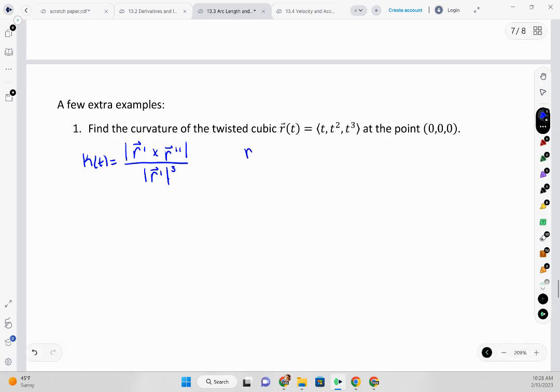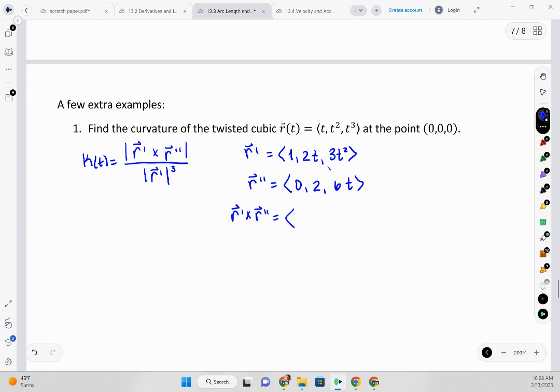So I need to find r prime first. r prime is going to be 1, 2t, and 3t squared. r double prime is going to be 0, 2, and 6t. Then, first I'll find my cross product of r prime and r double prime.